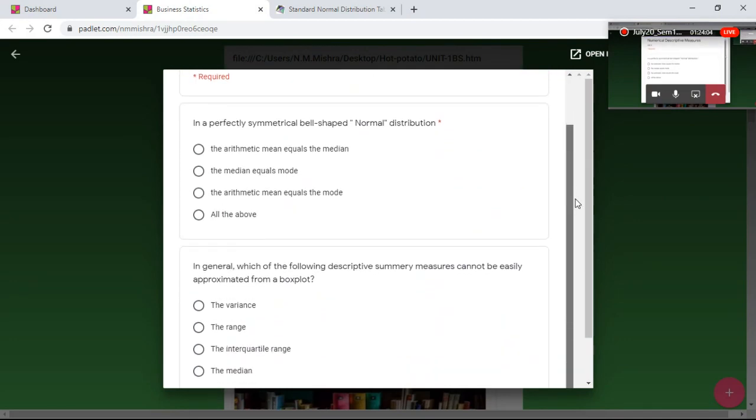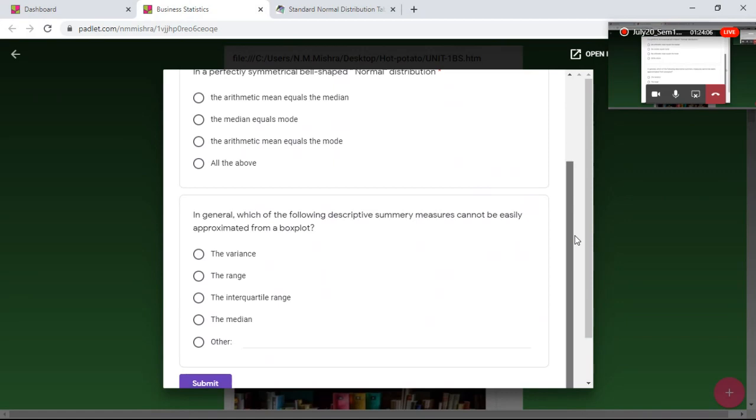I want to check your concept. The third question: in general, which of the following descriptive summary measures cannot be easily approximated from the box plot? To answer this question, you need to read unit 3. That's why I have given this question to all of you.